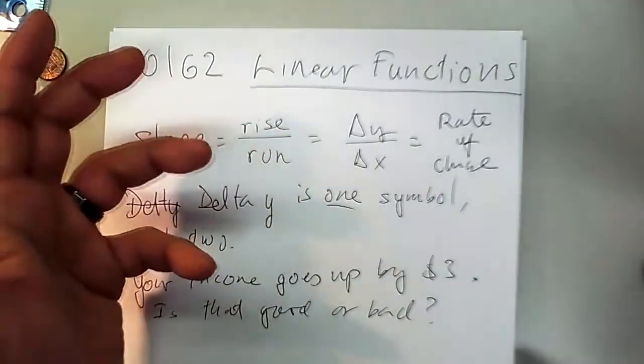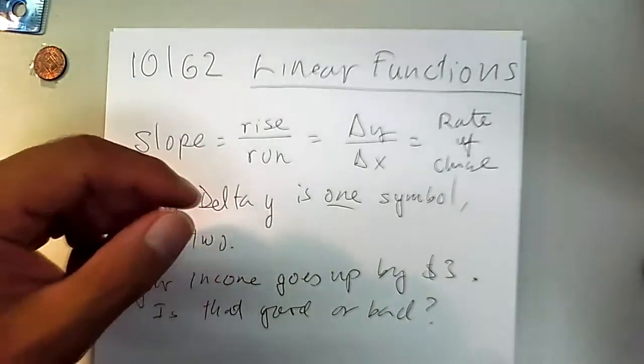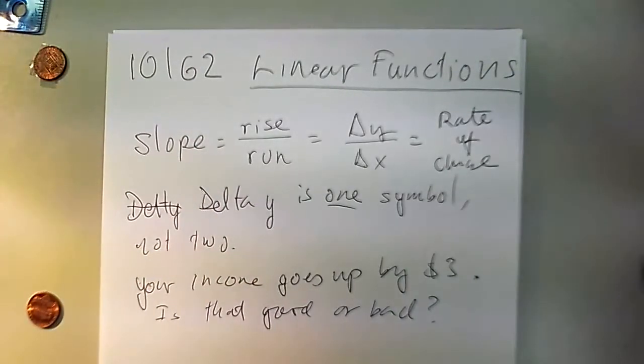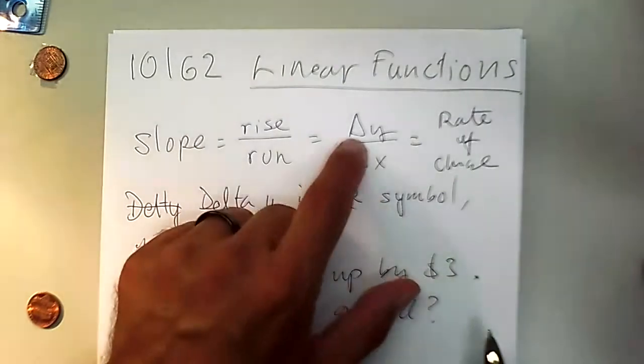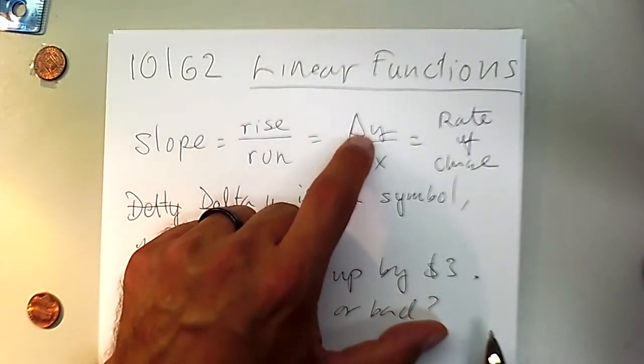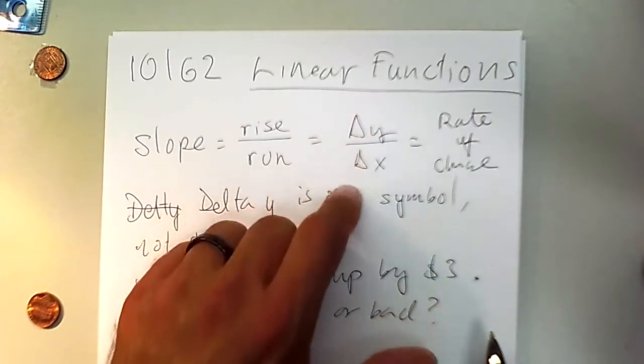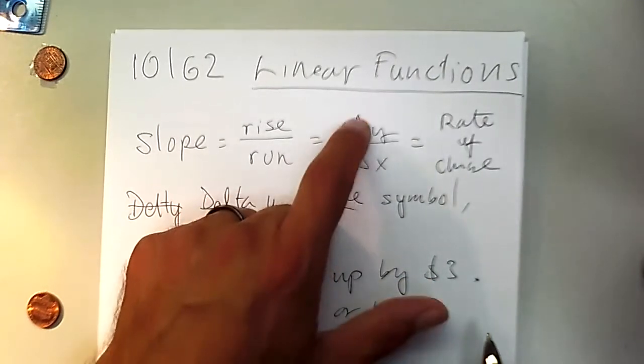If it's per hour, great. If it's per year, that's hardly anything, assuming we're making somewhere in the neighborhood of $10,000 a year. So the change in the output alone is not important. What is important is the ratio, over what period of time. That's why we have to have two values.